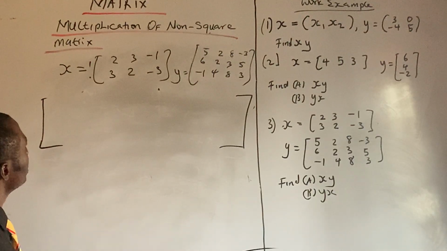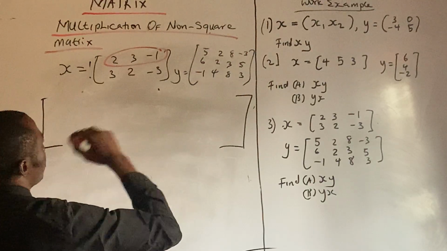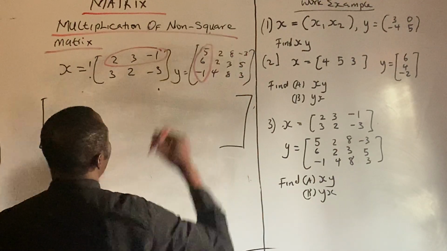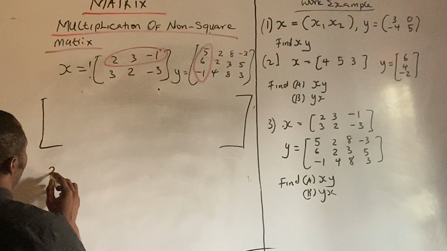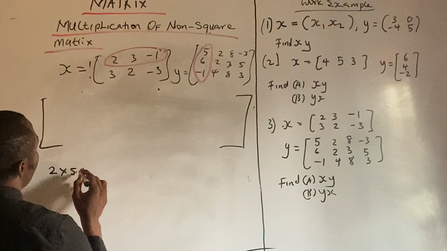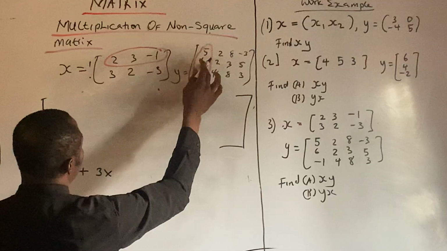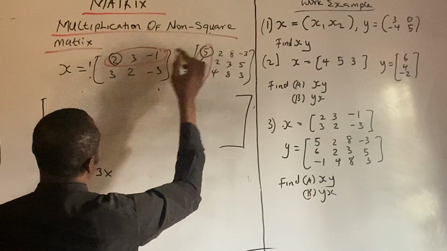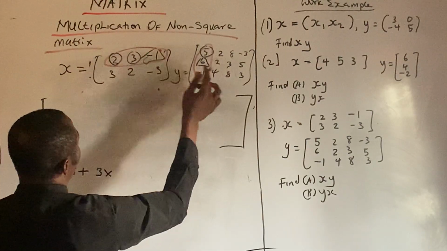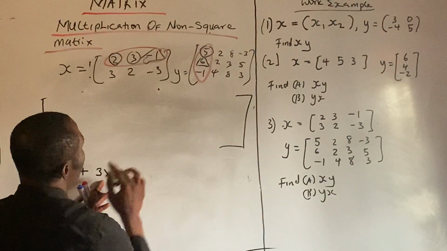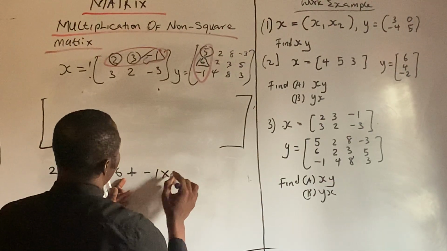So the first thing to do is that I'm going to take the first row. All of this row, I will multiply by everything inside here. So let's go together. We have 2 times 5 plus the next one, 3 times 6, plus minus 1 times minus 1.